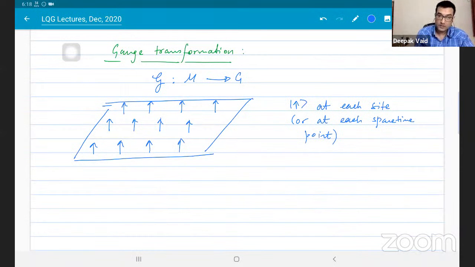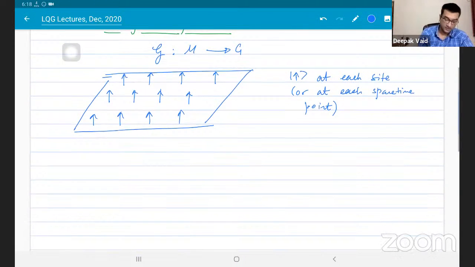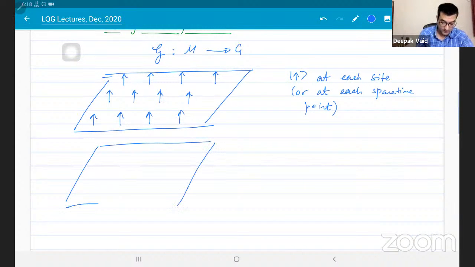So what is the effect on this collection of arrows? First of all, what will be the gauge transformation on a spinor?